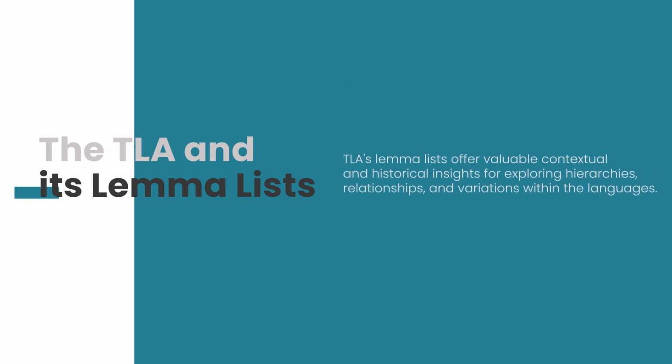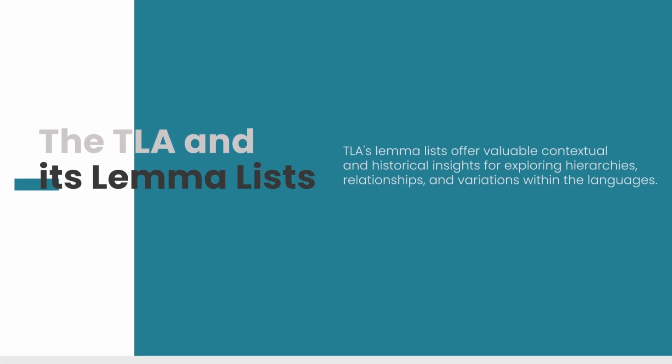In addition to these details, the TLA lemma list provides valuable contextual and historical insights. The lemma entries are interconnected. They allow researchers to explore hierarchies, historical successors, and relationships between different lemmas. This comprehensive approach enhances the research process, and it enables scholars to uncover patterns, developments, and variations within the ancient Egyptian languages.